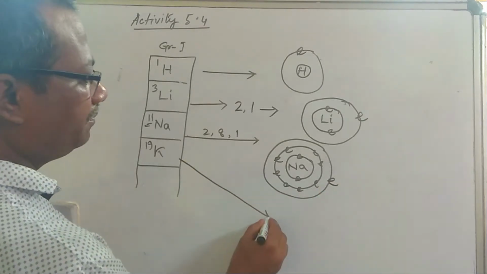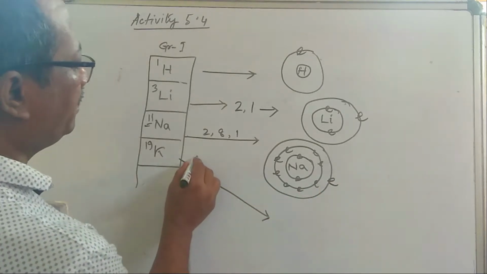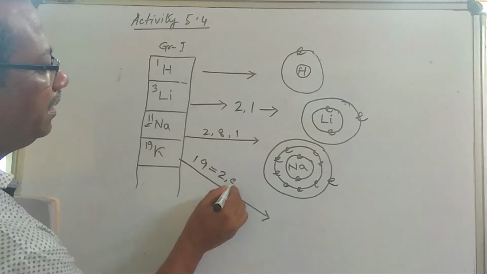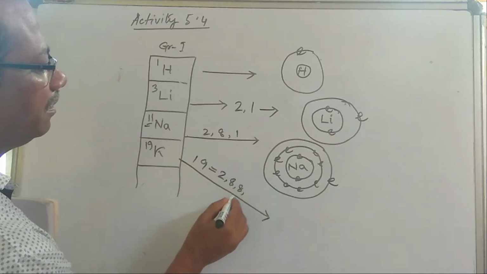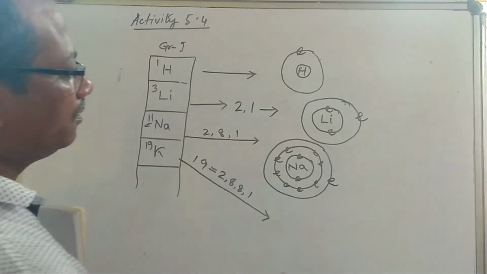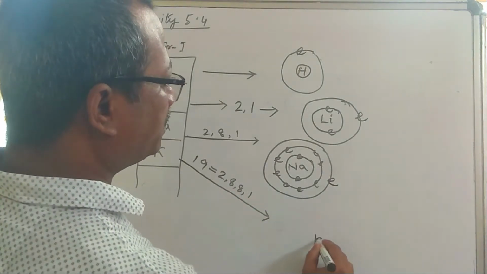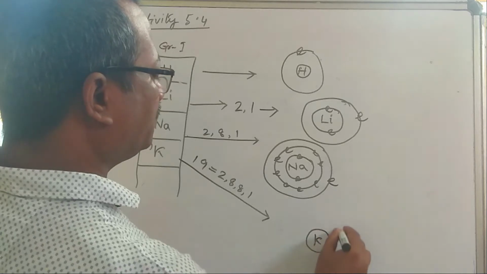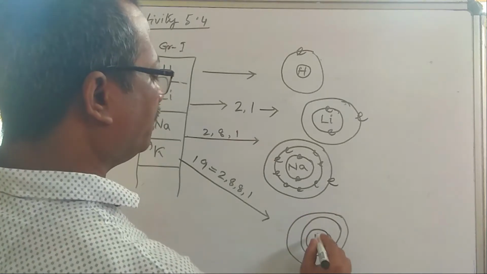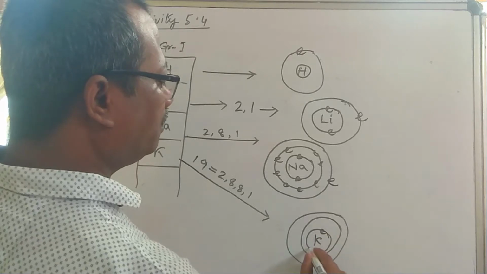Now potassium, atomic number 19, is 2, 8, 8, 1. So potassium has first orbit, second orbit, third orbit. In the first orbit there are 2 electrons.